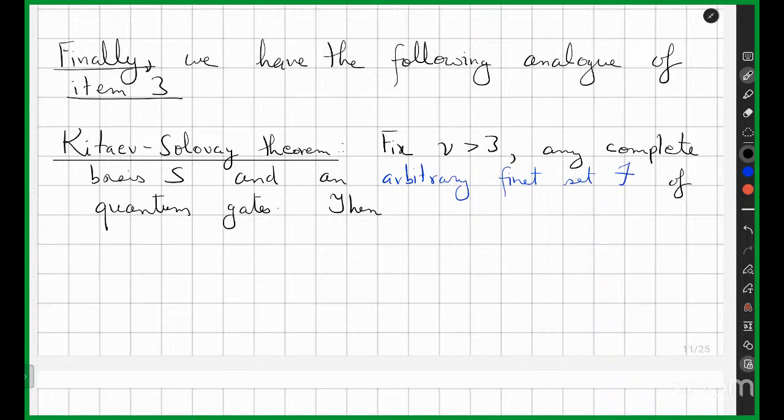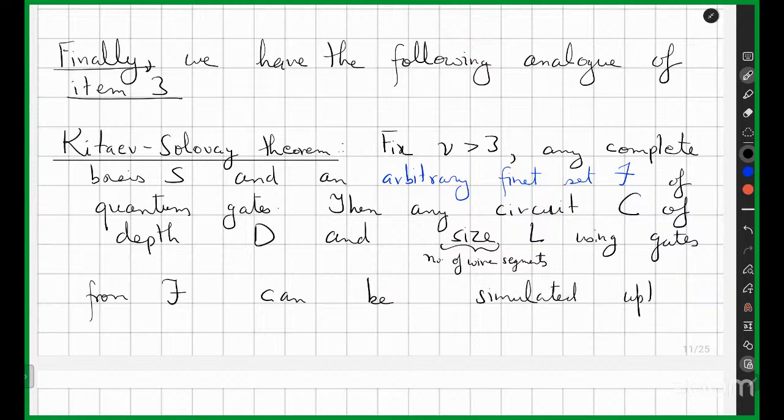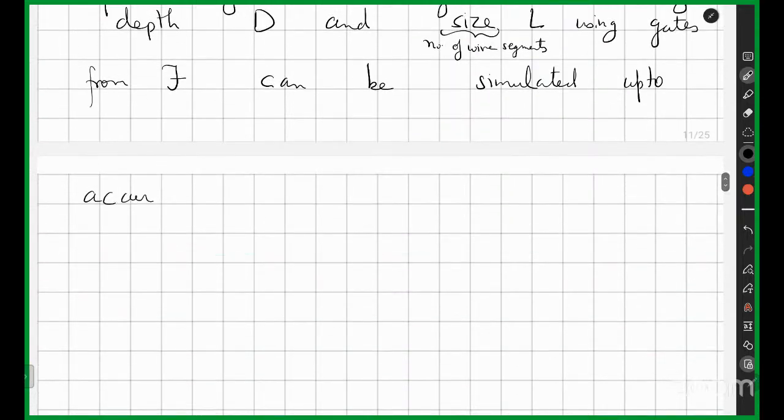Then any circuit C of depth D and size L, using gates from the basis, can be simulated up to delta by a circuit C prime.